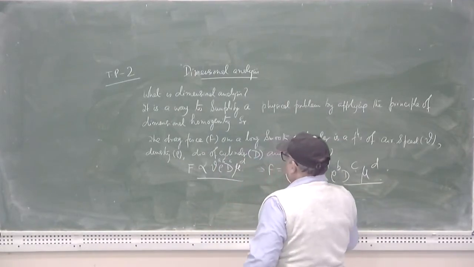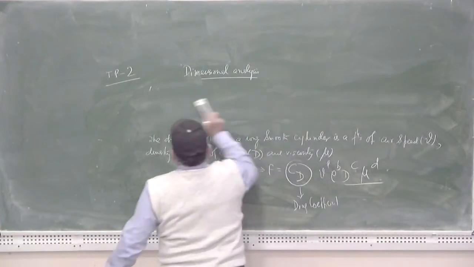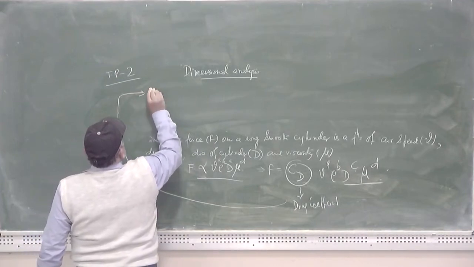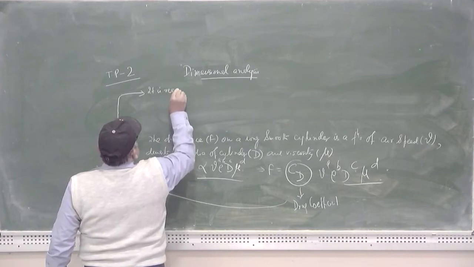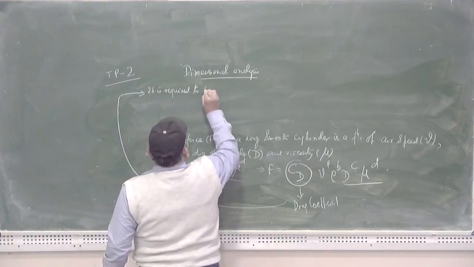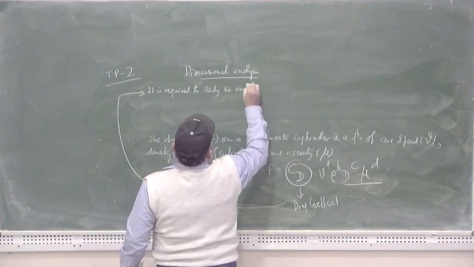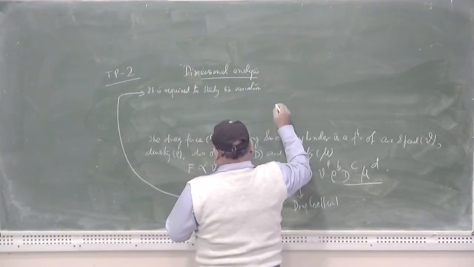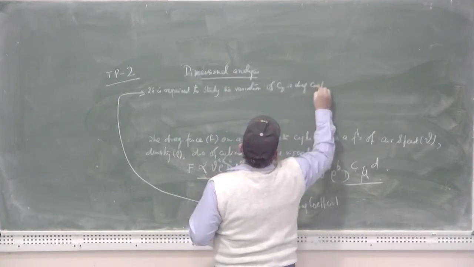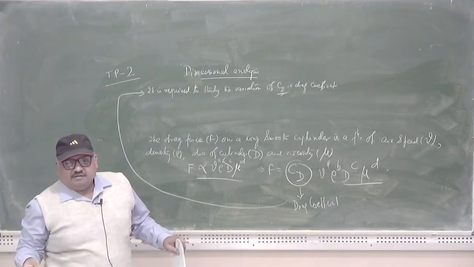It means, what does it mean? It means it is required the variation of CD, that is drag coefficient, because this is the proportionality factor which is working here, and the variation of this proportionality factor can decide this physical phenomena.